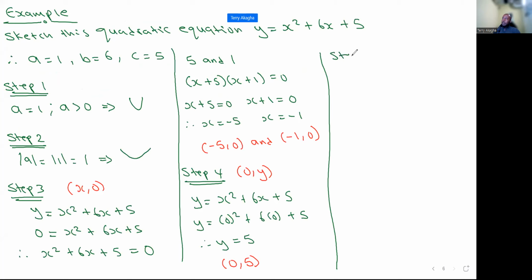So step 5, we're going to find the vertex, okay? And we have x squared plus 6x plus 5. Now we're going to use the complete the square method when a is equal to 1.